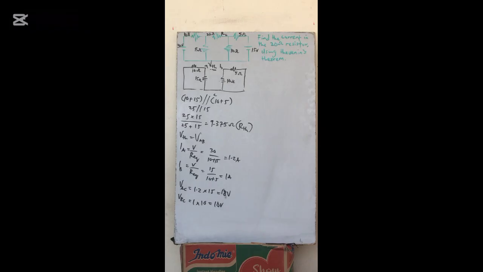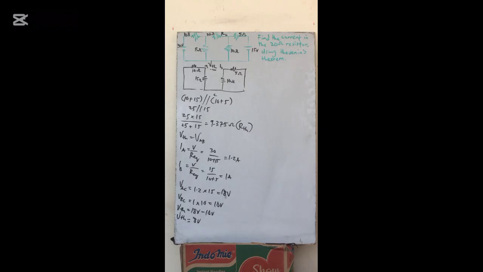Now the subtraction of these two will give us this AB. It is in the middle, right? So the subtraction of both of them will give us the V Thevenin, which is also the VAB. So V Thevenin will be equal to 18 volts minus 10 volts. That is 8 volts. That is our V Thevenin.